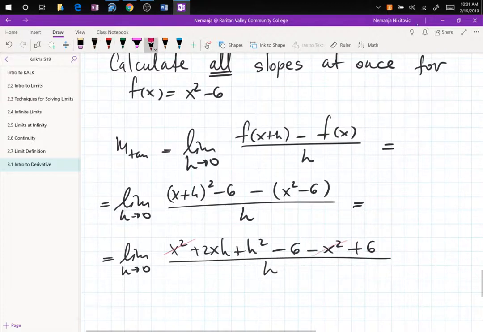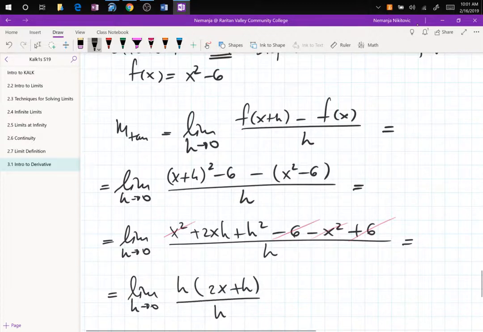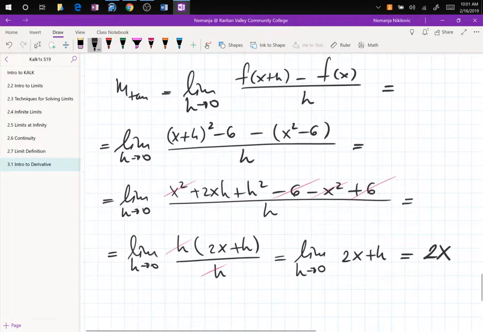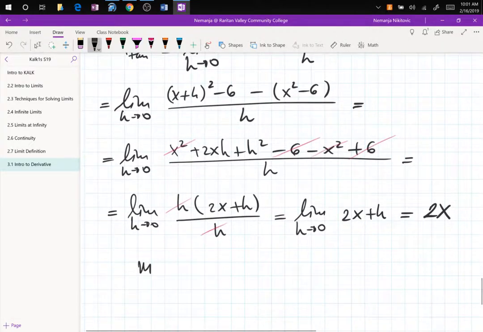The x squared and the 6 and 6, they're all gone. Our check step: only terms with h remain, so factor h out. And we have 2x plus h divided by h. Now h dies. And we are left with the limit h goes to 0 of 2x plus h, which is 2x. Look at that. We just found that m tangent is equal to 2x.